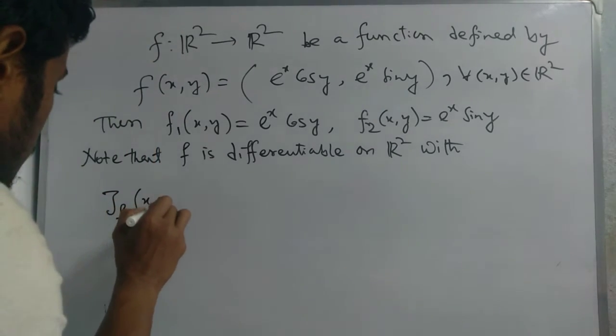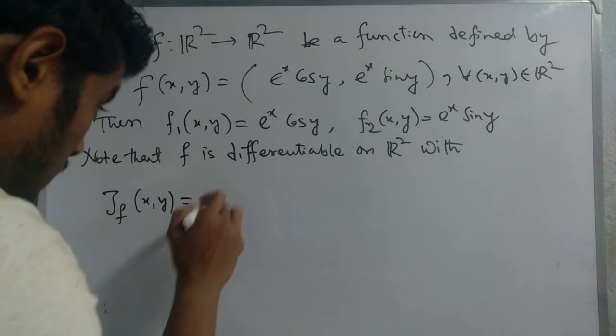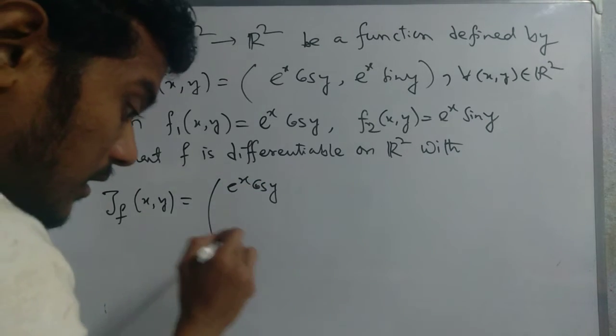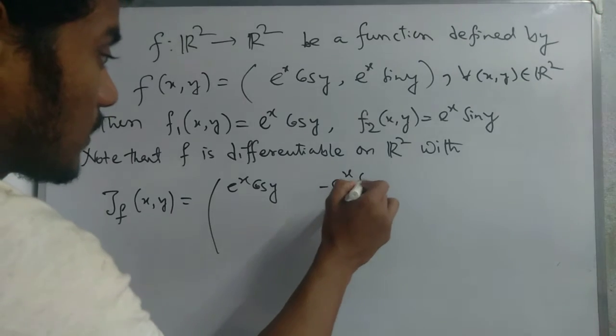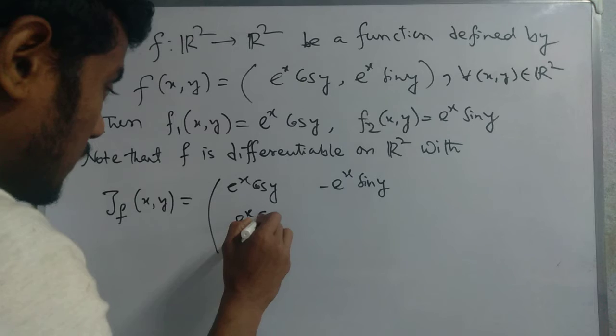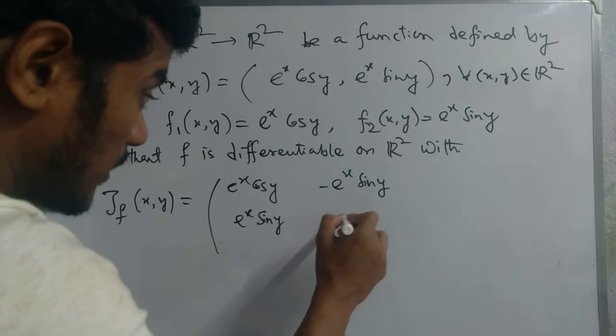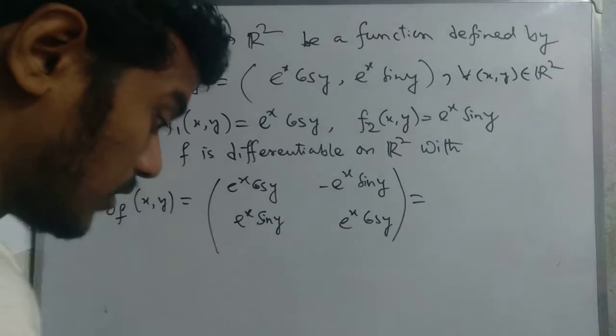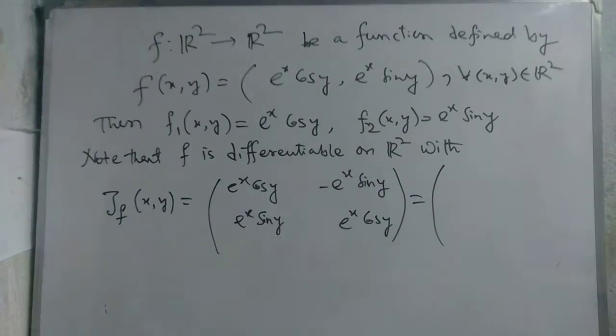Jf(x,y) equals the matrix with entries e to the power x cos y, minus e to the power x sin y, e to the power x sin y, and e to the power x cos y. How do we derive this one?